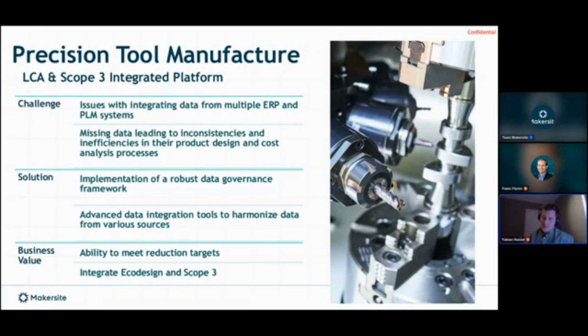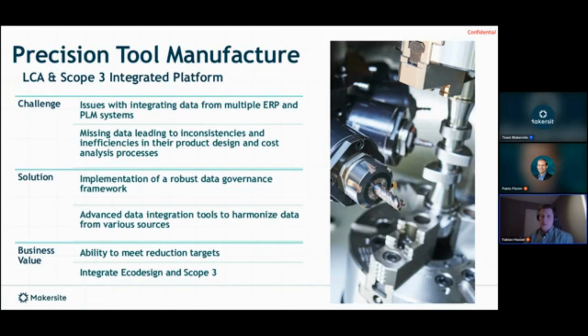This reference case had a challenge: they had to integrate data from multiple ERP systems and PLM systems in their organization. They had missing data, and inconsistencies in their product design and cost analysis process because of this. So we built the solution for them.